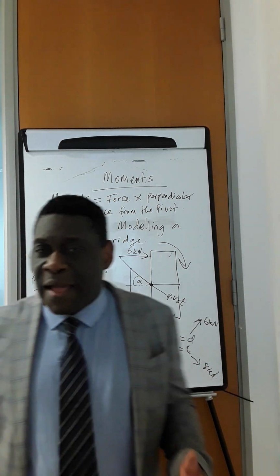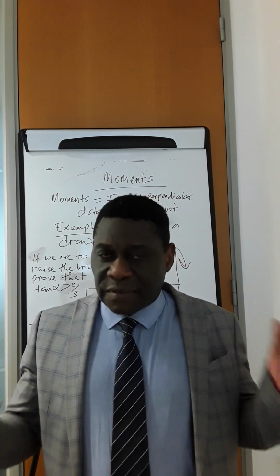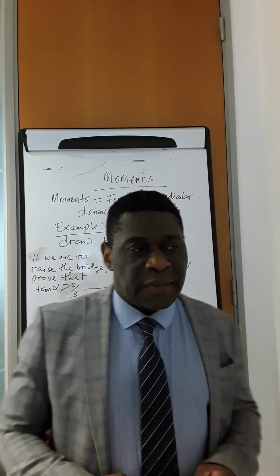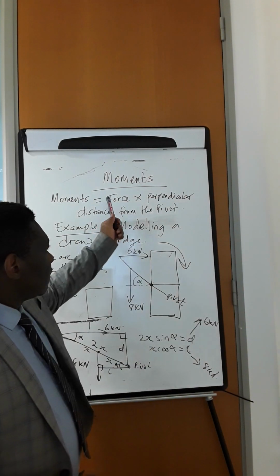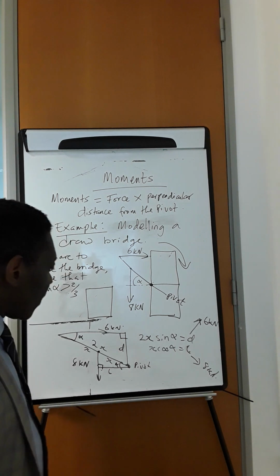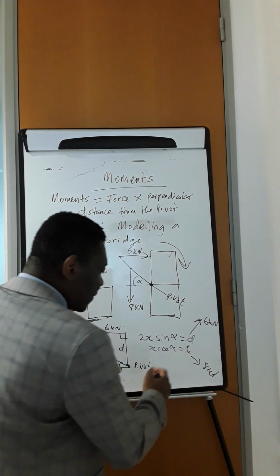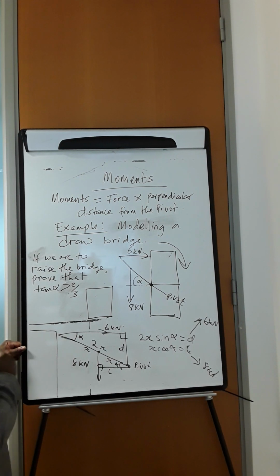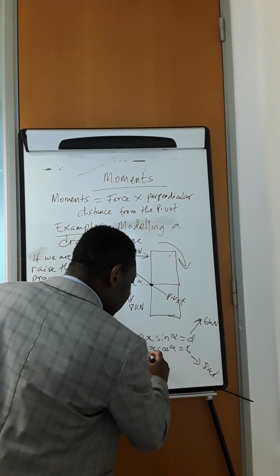We can now apply our simple and fundamental law on moment. Force times the perpendicular distance. So let's apply it now. We have a small space here. I'll just make this better here.